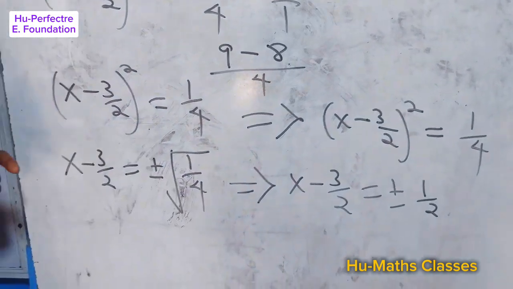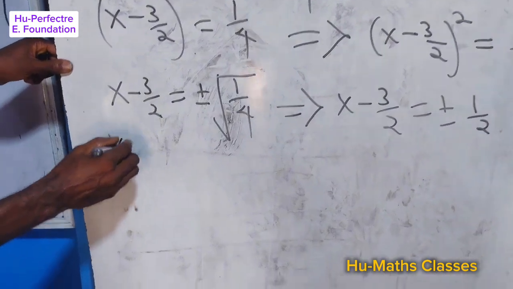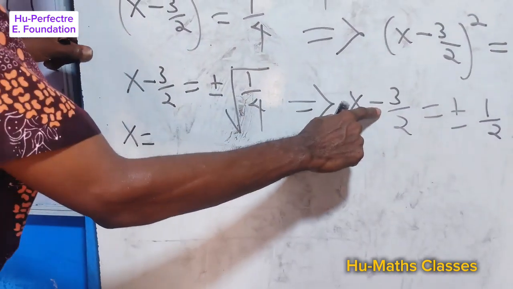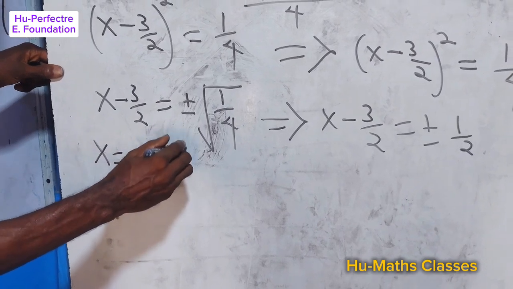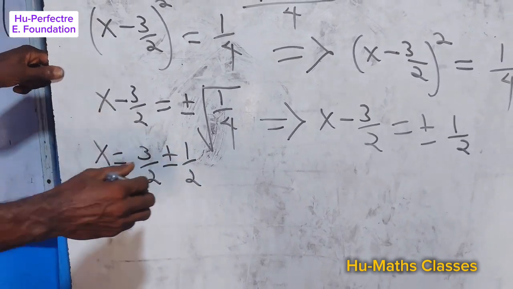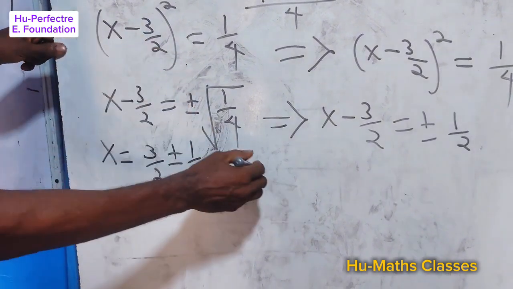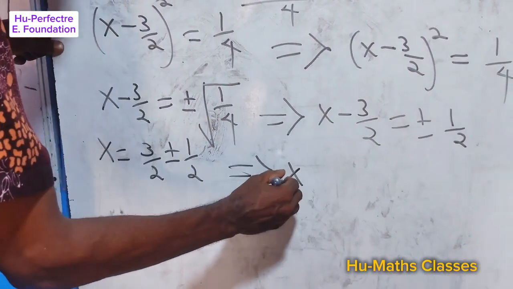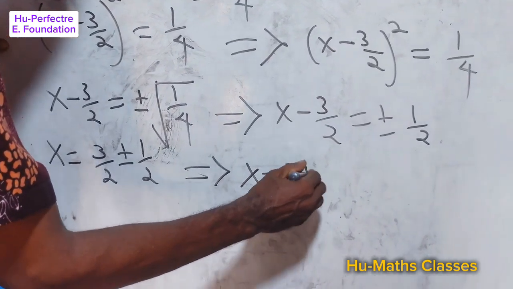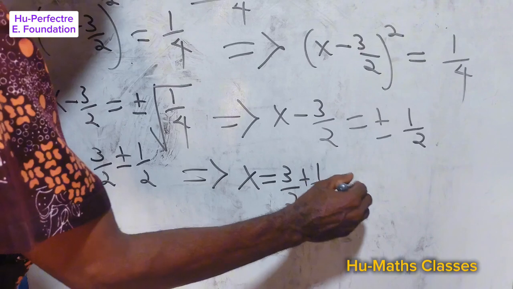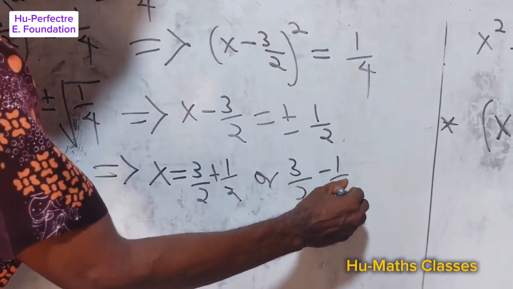Now to make x stand alone as our final result, we'll have x is equal to, if minus 3 over 2 goes to the other side, it becomes plus 3 over 2 plus or minus 1 over 2. In this case, we have to solve for x in two ways, in plus form and in minus form. This implies that x is equal to 3 over 2 plus 1 over 2, or 3 over 2 minus 1 over 2.